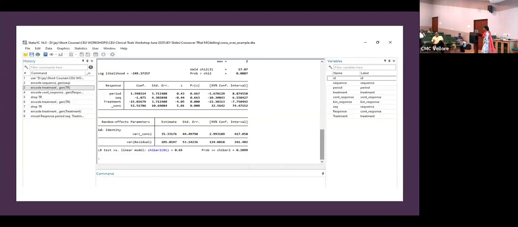The only thing you could do there is analyze the first period, because now you don't have the carryover of the first period into the second. What people like to do is, when they get a significant carryover effect, they still want to publish. So they'll publish the first period and then try to do the second period.